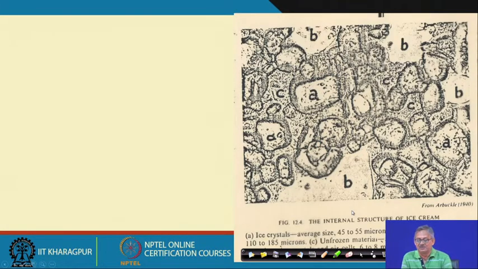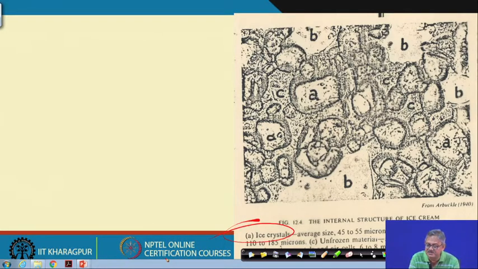Then how does it look under the microscope? Under the microscope it looks like this, where A is the ice crystals, these are ice crystals.